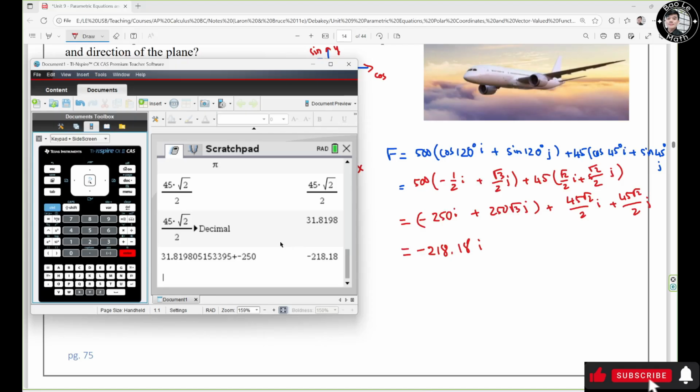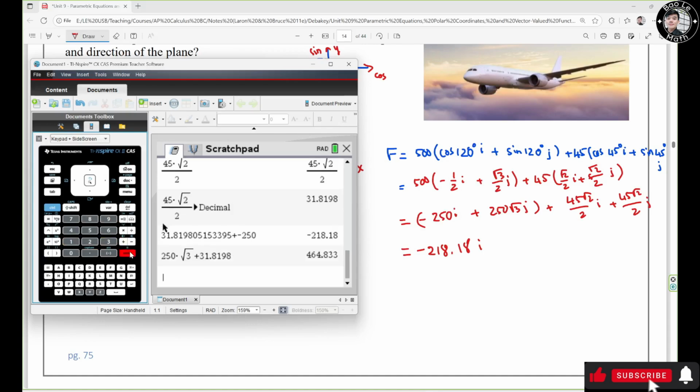Similarly, you have 250 root 3. Add 31.8198. Press enter.